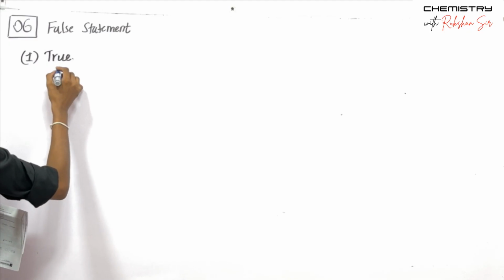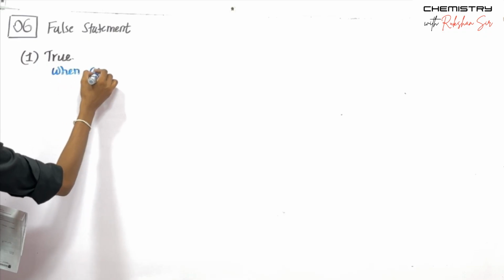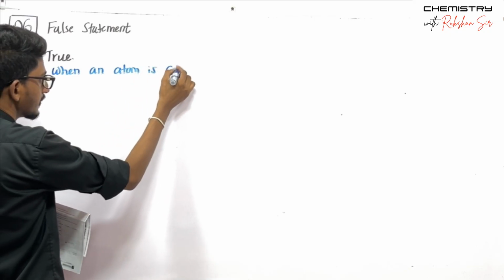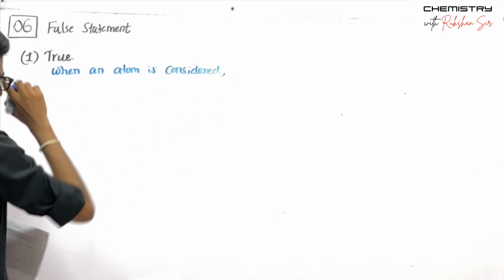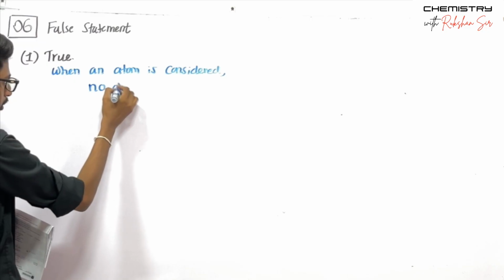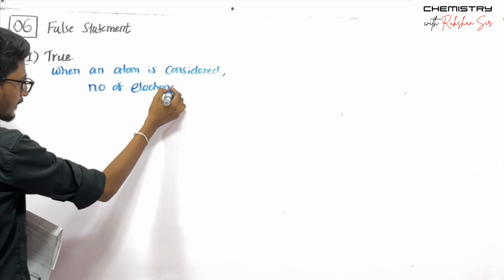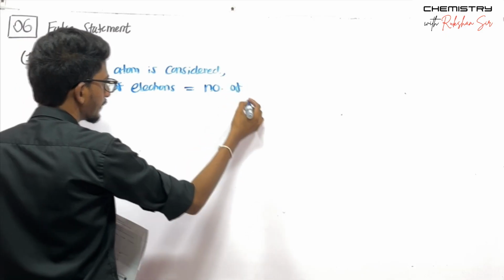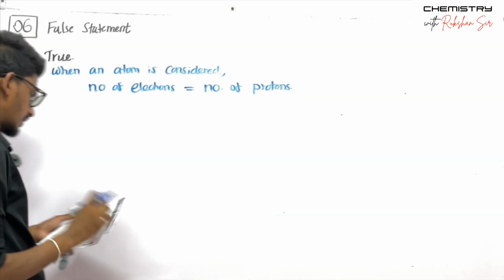When considering an atom, the number of electrons is equal to the number of protons.